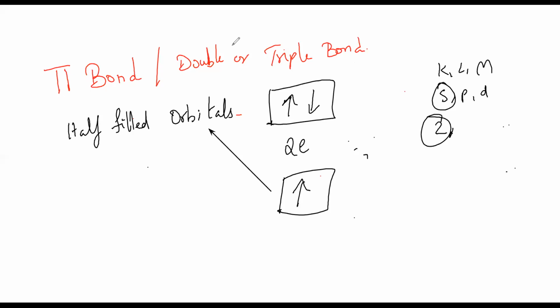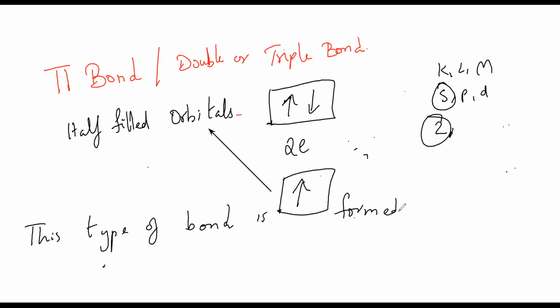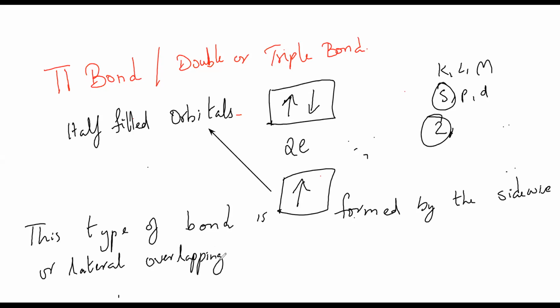So this type of bond is formed by the sidewise, or lateral, overlapping of two half-filled atomic orbitals. Two half-filled atomic orbitals.